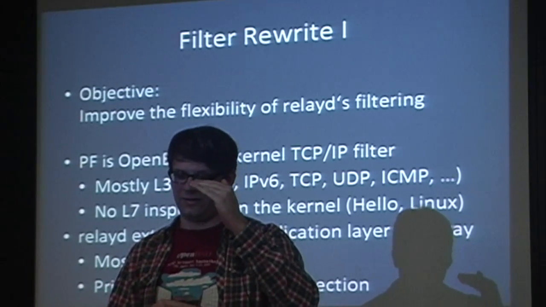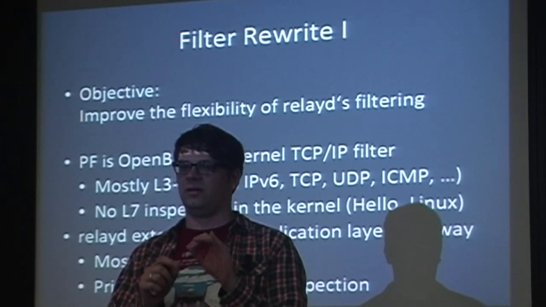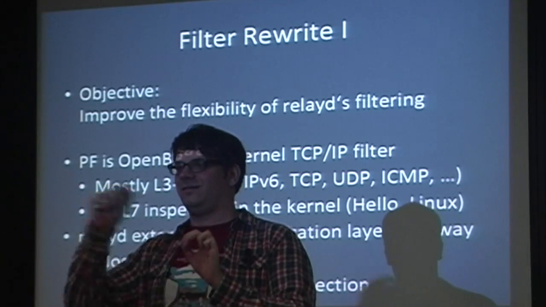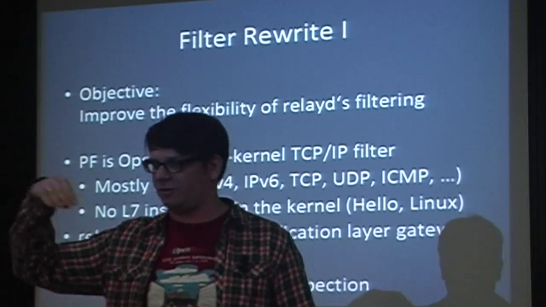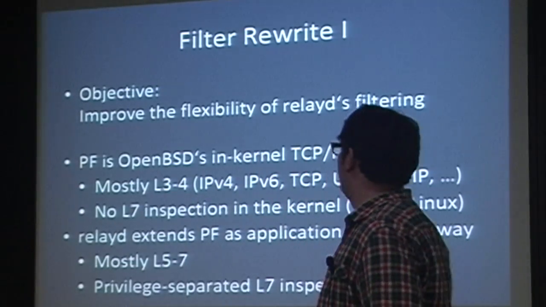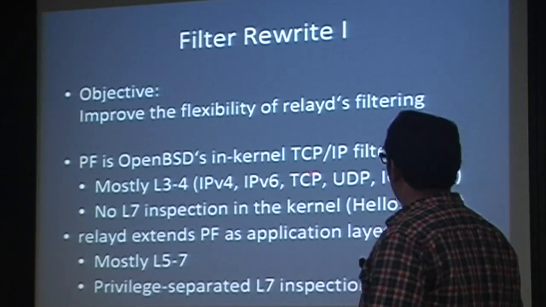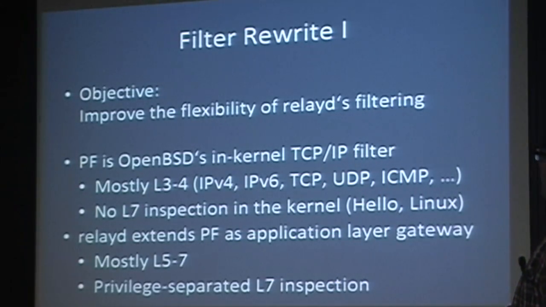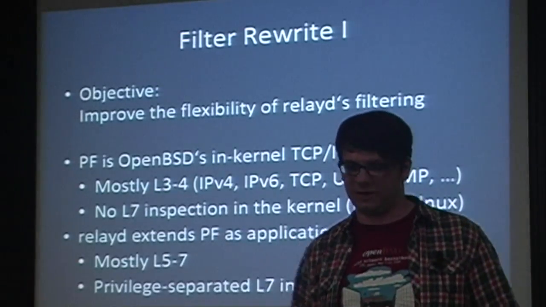The order of the headers doesn't matter. If you have for the same header 2 options, then it will add a linked list to the tree. So it's historical reasons it's grown. It's not a nice implementation at the moment. So the new filter wants to provide more flexibility and allow something that PF does, more like in user space, so extending PF as an application layer gateway.